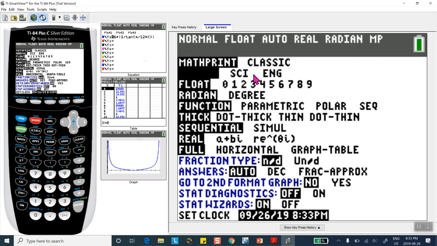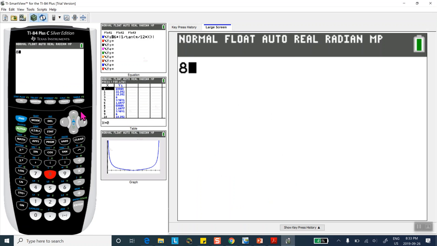Notice that mine is for angle, it's already in radian here. I don't have to change it. Okay, so let's go back. All right, erase this, clear that.